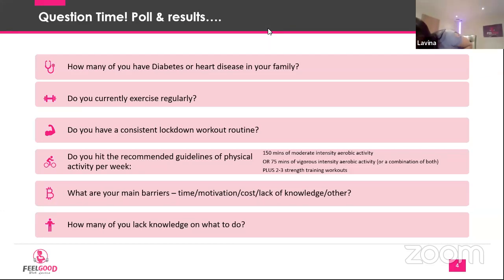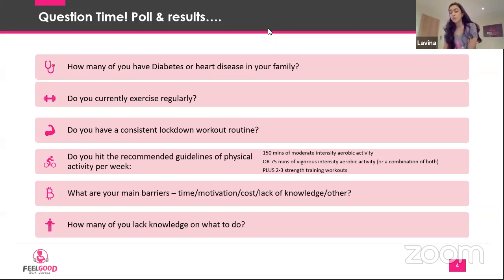I will just show you a couple of the statistics. I do know these off by heart, but I've been doing quite a lot of presentations lately. So government guidelines: if you hit everything, that 150 minutes of aerobic activity or 75 minutes vigorous, and 2 or 3 strength training workouts, if you do the whole combination, it can lower your risk by up to 83% of osteoarthritis, 50% lower risk of type 2 diabetes and colon cancer, which is pretty amazing, I think.